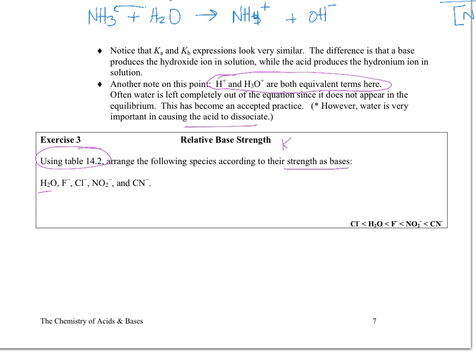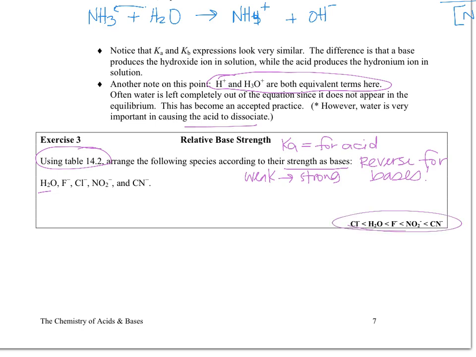If we find the Ka values, the Kas are for the acid strength, so it would be reversed for the bases. Look those up real quick and see if you can identify and put these in order from weak to strong bases. The answers are down here, but be able to explain that, and we'll talk about it in class when we get to class.